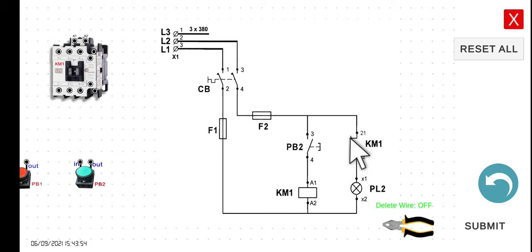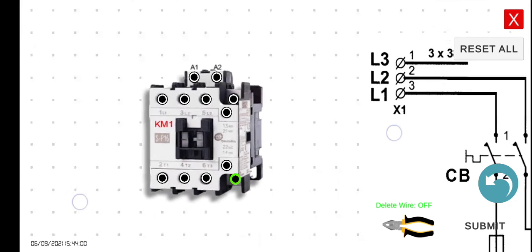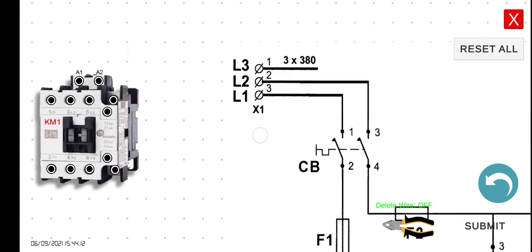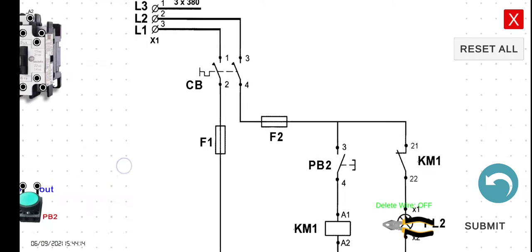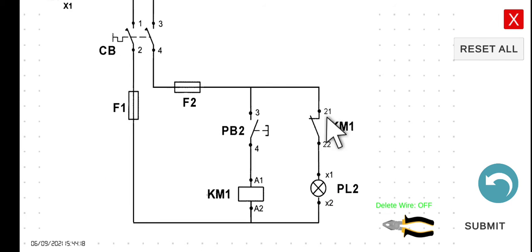We have the normally closed contact, so we have the 21 and 22. If we zoom in on our contactor, this is the 13, this is the 21 and this is the 22. This connection is a normally closed contact, as we can see in this diagram here.